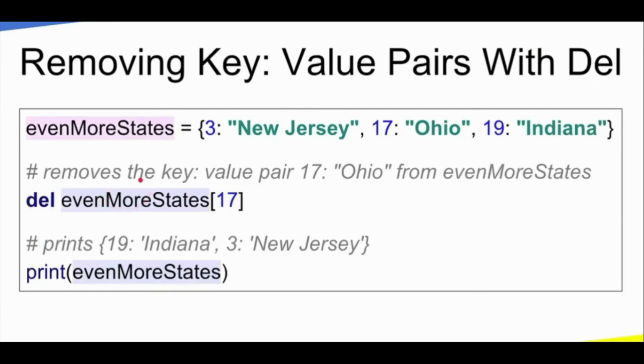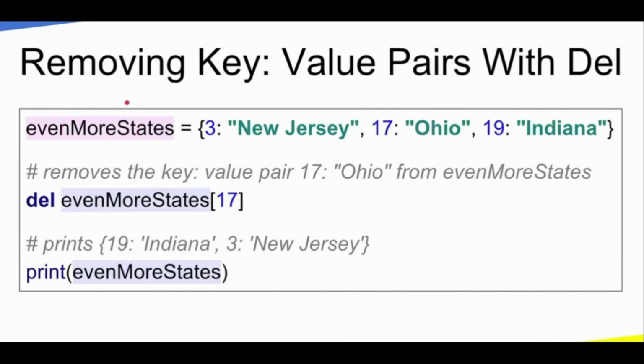So in even more states, I have declared a new dictionary. Now we have 17 here. As I showed you in the earlier practical session on lists, you can remove it by accessing the key, like the index in a list.